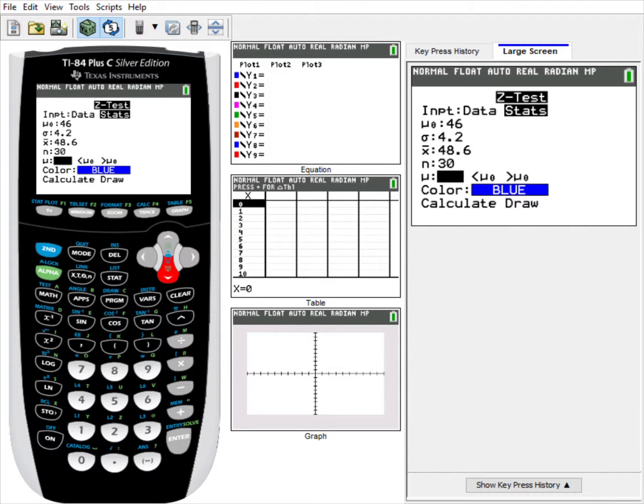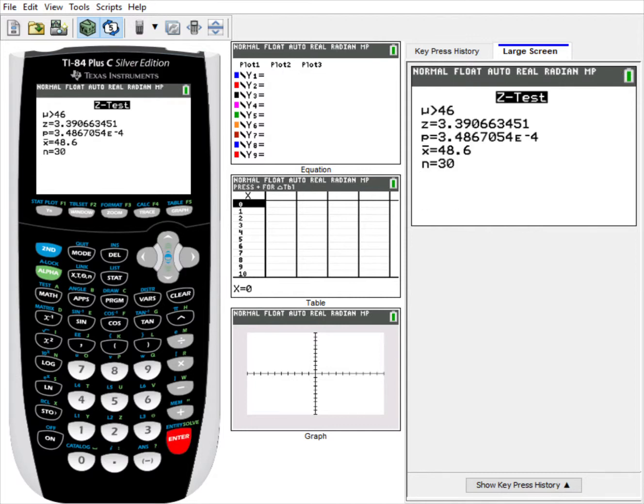If the alternative hypothesis says mu is greater than 46, you will choose mu is greater than mu sub 0, which is inputted at the very beginning of the screen. Go down to calculate. The first thing that is going to spit out is the z, that's 3.39 that I just wrote down on the previous video.